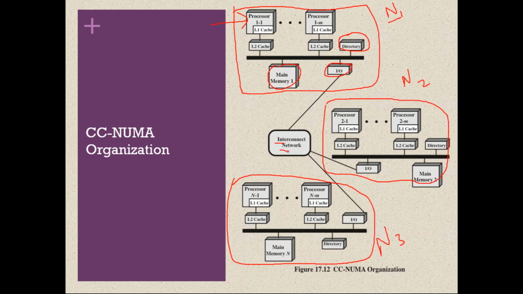Now, even though every node has its own local memory, the applications will see one global memory. Not only applications, each processor will see it as one common global memory.